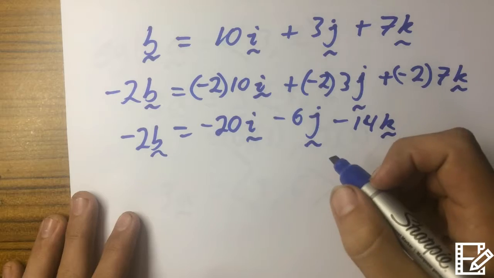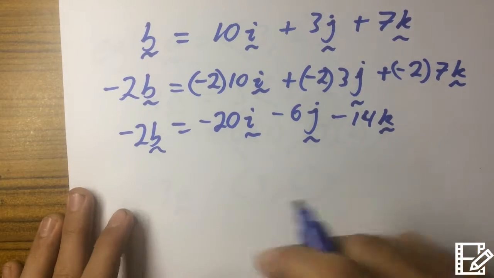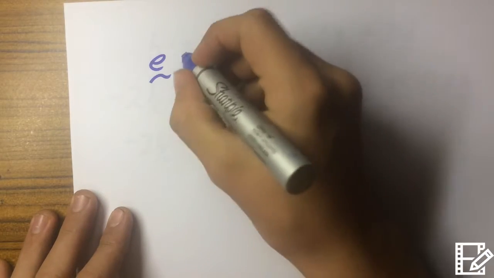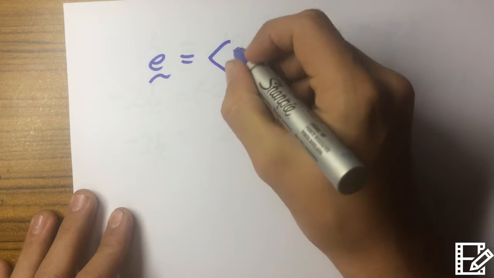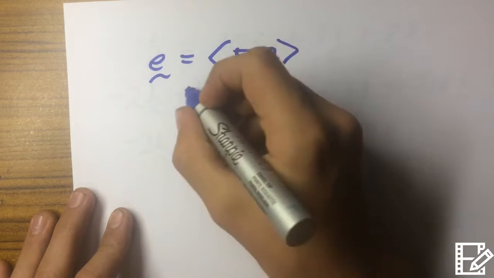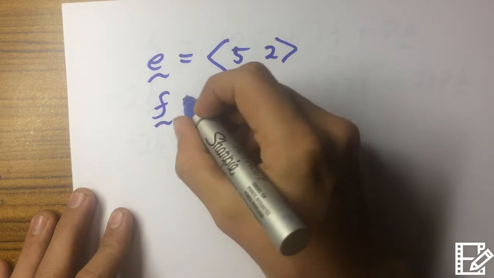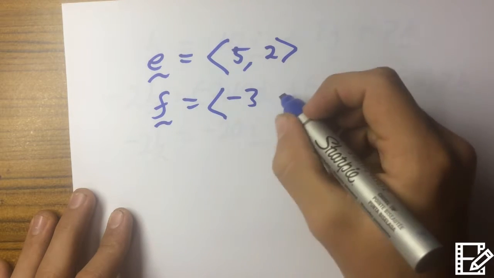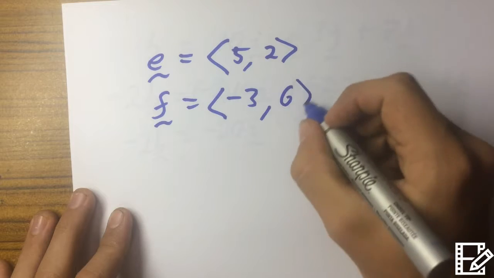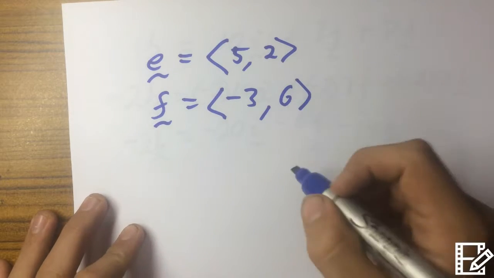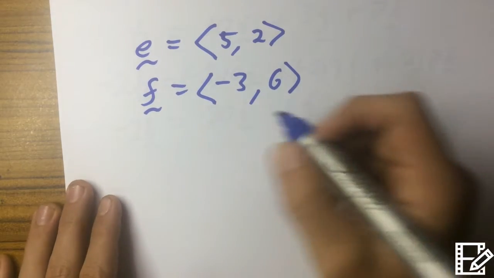Okay, let's do one more example. This one will be using a bit of addition as well. So we'll have e, that'll equal (5, 2), which is 5i, 2j, and f, which will equal (-3, 6), which means 3 in the negative i direction and 6 in the positive j direction.